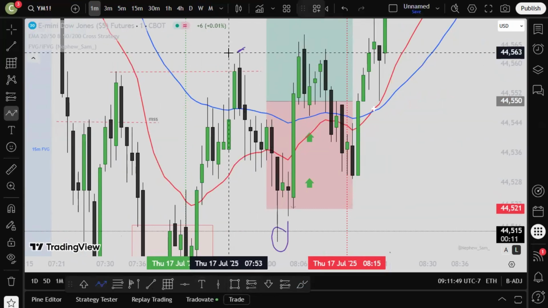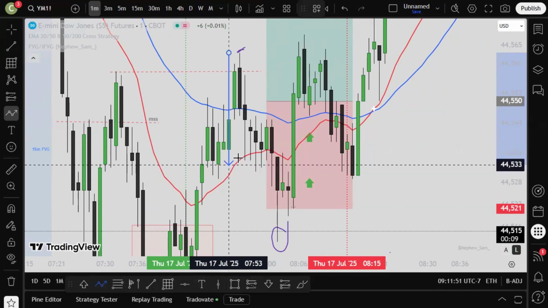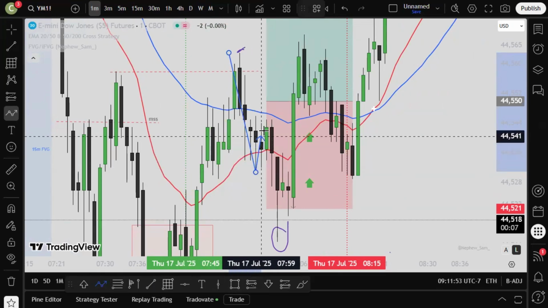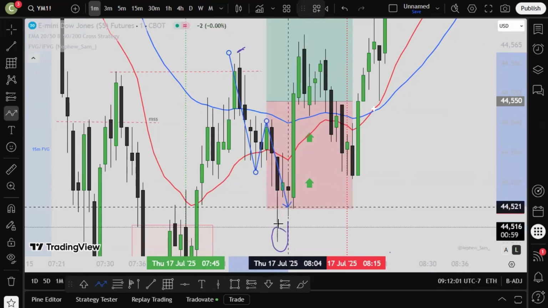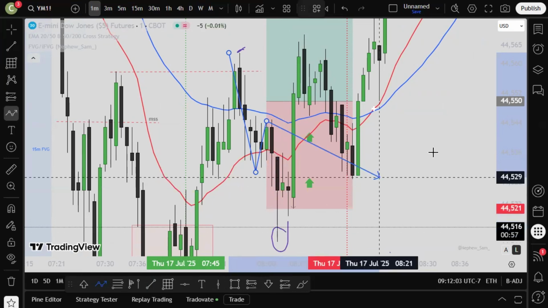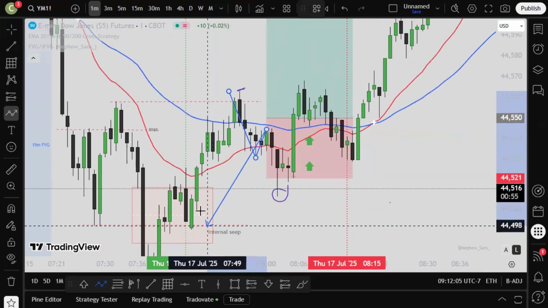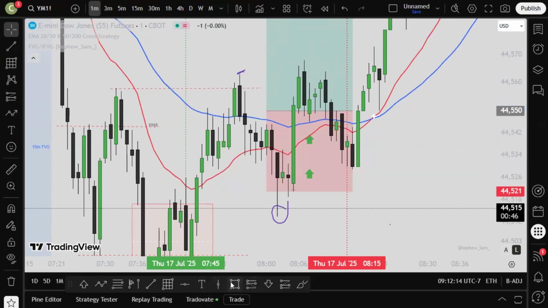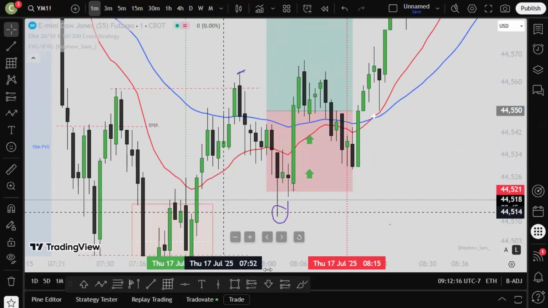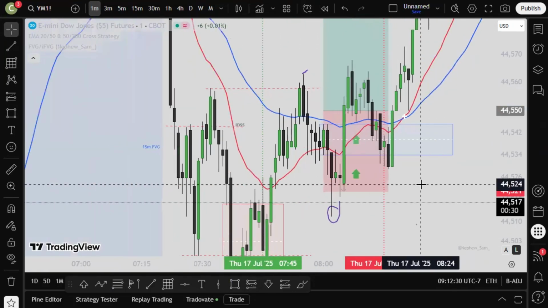You got your high of the range here. You got the low of the range right here. And you have the high right on that candle. We'll call it the green candle to make it easier for everybody right here. And because this low, which is the temporary low, did not make a new low, this is the mitigation block here. So we have this right here.